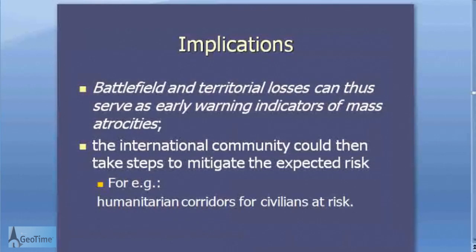And so the implications were very strong, and if generalized, one might be able to say then that battlefield and territorial losses are actually an early warning indicator of mass atrocities, that we would expect that as one side or another of a civil war is losing and getting pushed back, and maybe the writing is on the wall that they're reaching their end, that's when the warning flag should go up, right?